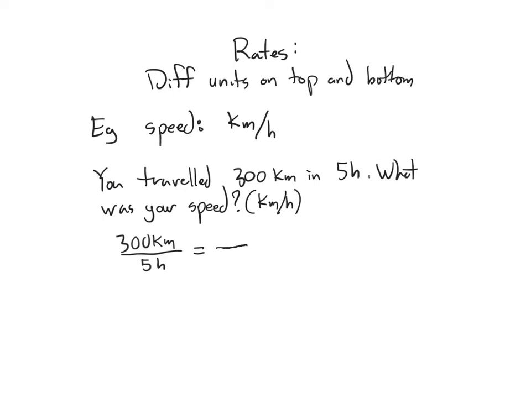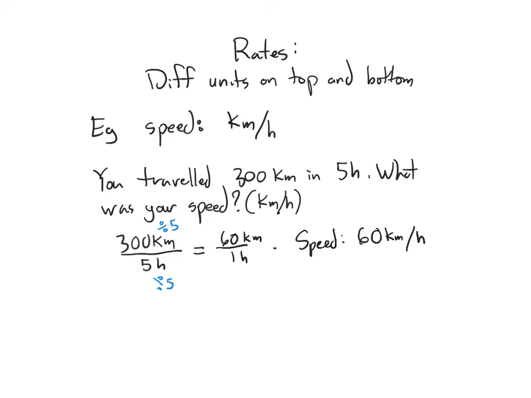So I can divide top and bottom by 5. And I get, well, 300 divided by 5 is 60 kilometers. And 5 divided by 5 is 1 hour. So my speed is 60 kilometers per hour.